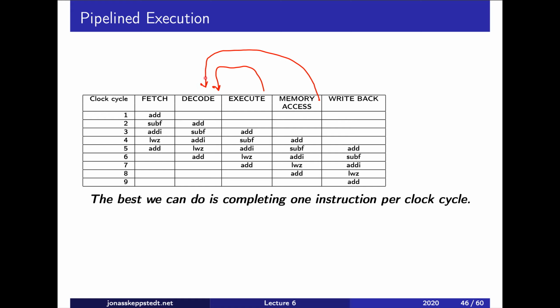Okay, and the condition in this if, so to speak, is whether the register that we want is produced here or there. If it's produced both there and there, which one should we take then? Well, we should take this one because it's the most recent value.